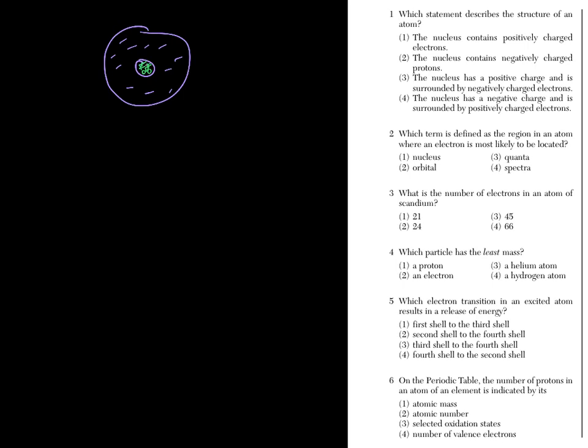So right here is going to be our nucleus. And then this here are electrons. And so here, which statement describes this? Nucleus contains positively charged protons while it's surrounded by negative charges. And that's choice 3.